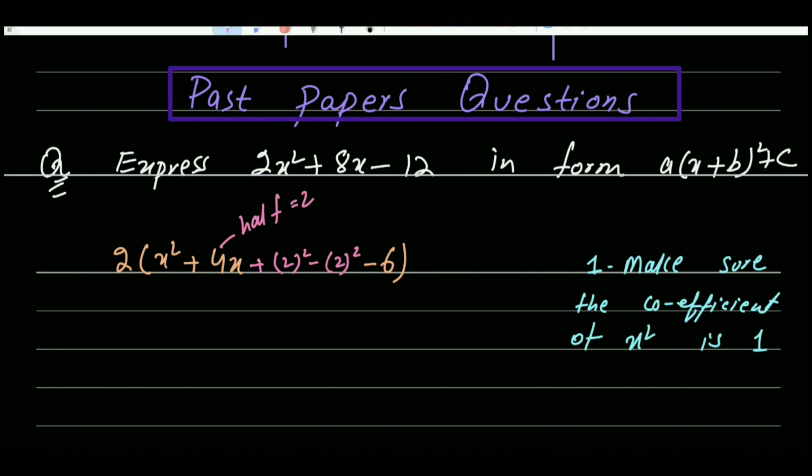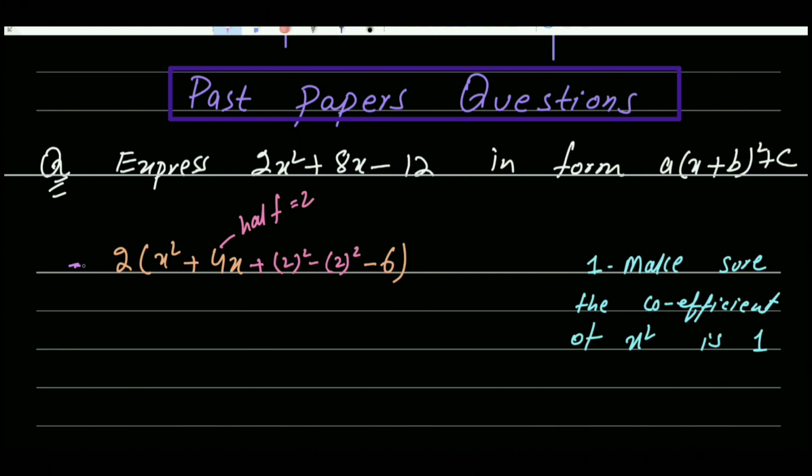Here the coefficient of x square was 2, so we took 2 common, and inside x square plus 4x minus 6 will be left, but we will write minus 6 with a little distance, because in between we have to write the square of half of the coefficient of x. So we will add and subtract that number. This is the main step of the completed square method.